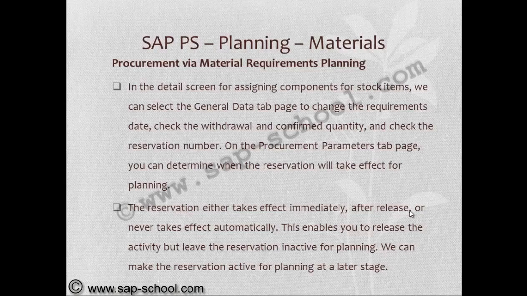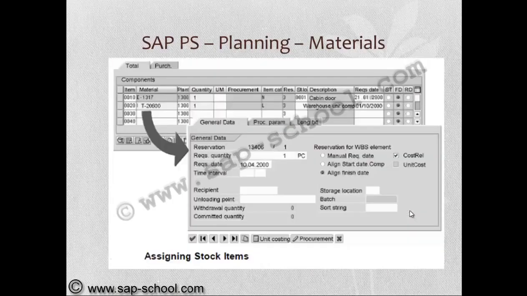This is the setting we put into the customizing. This enables us to release the activity but leaves the reservation inactive for planning. We can make the reservation active for planning at a later stage. So this is the detail tab, general data for a stockable item.